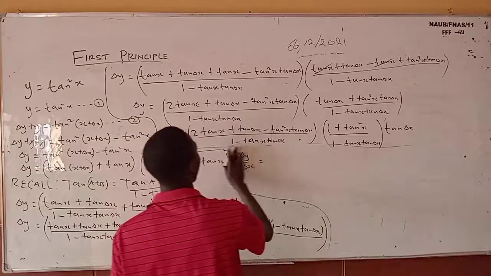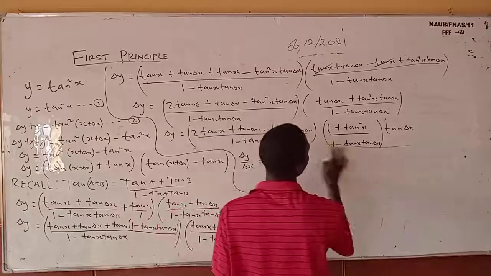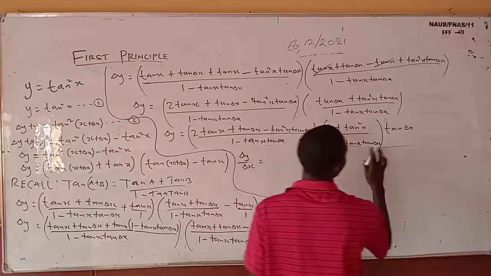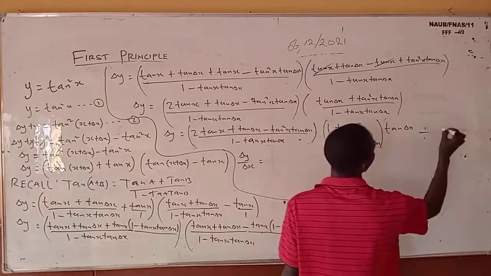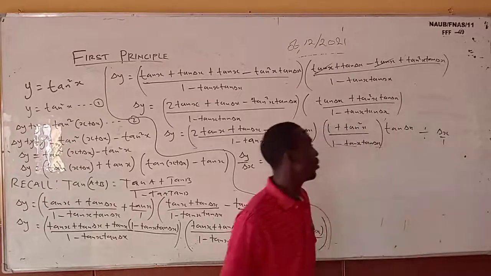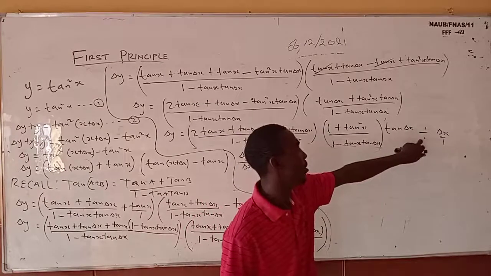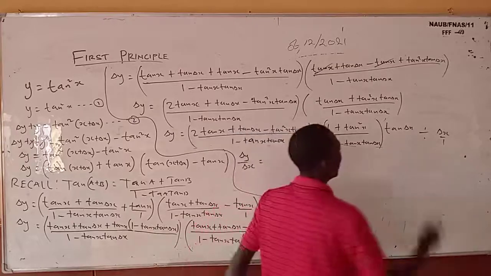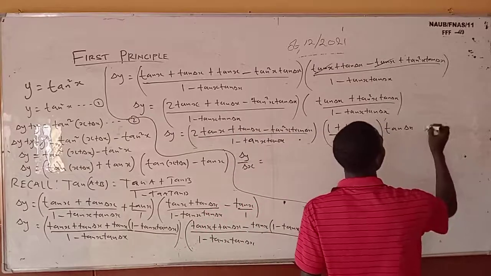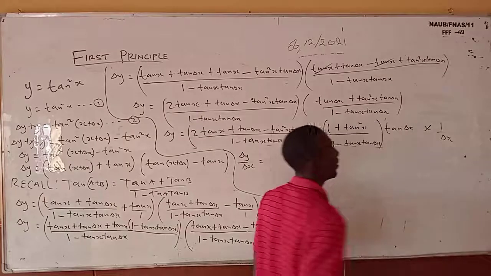So why not just use common sense? We'll just do it like this, divided by Δs over 1, which we know that this division will change to multiplication, times 1 all over Δs. You get that?